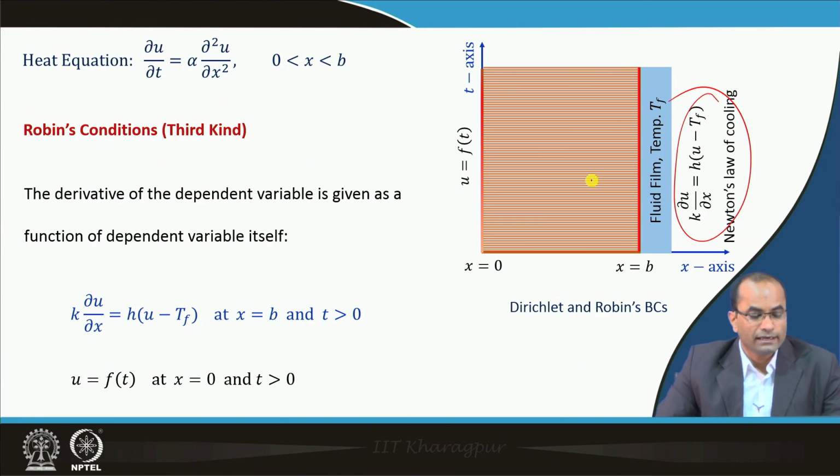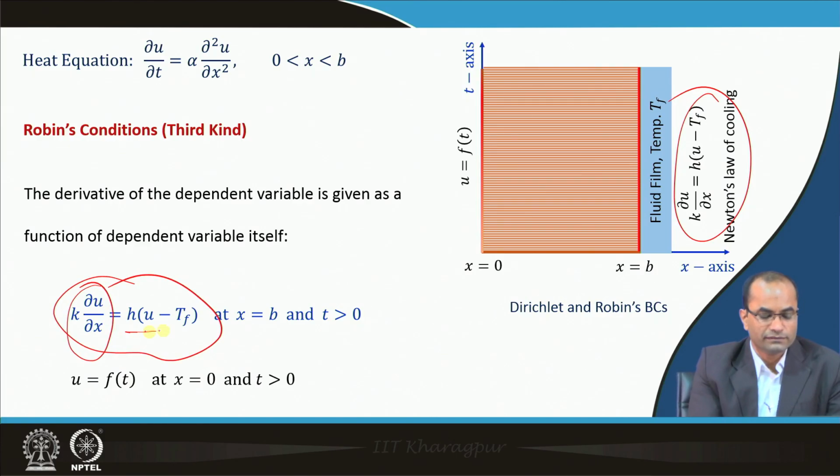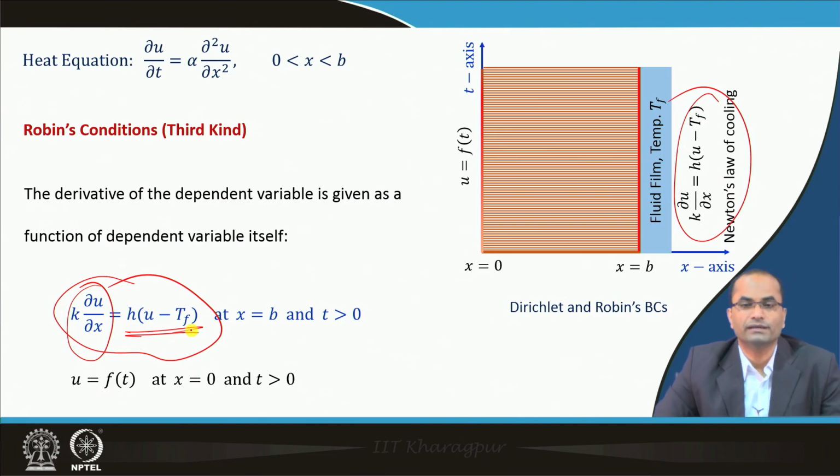From the handling point of view, the Dirichlet boundary conditions are the easiest, because directly the values of the dependent variables are prescribed at the boundaries. The next comes the Neumann boundary condition, where the derivative information is prescribed as a function of the independent variable, and the third one is the most difficult one, where again the derivative is a function of the dependent variable.